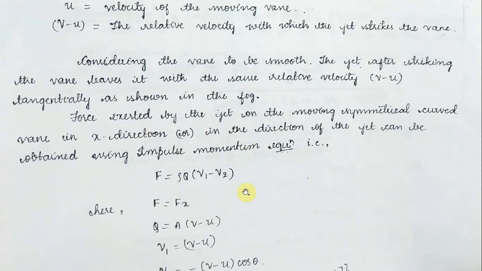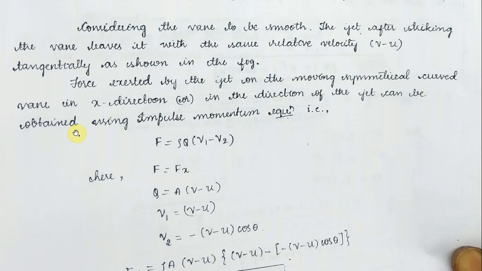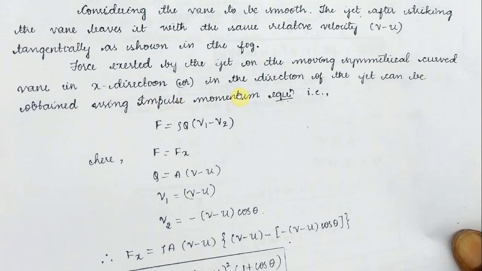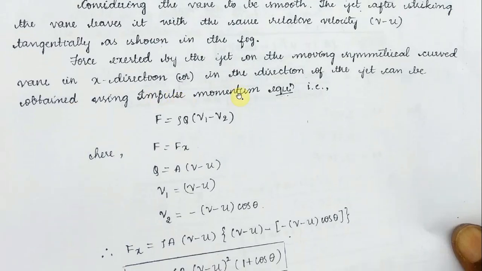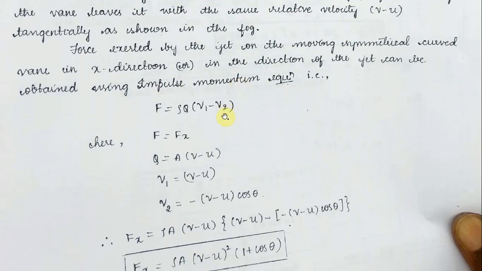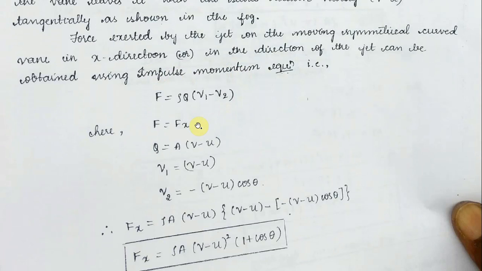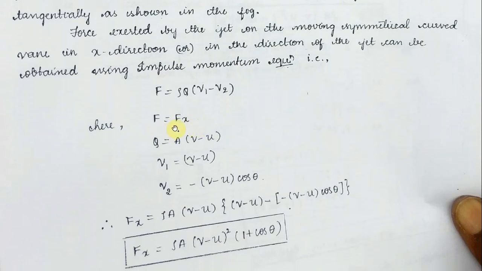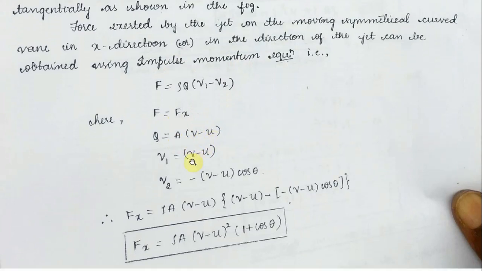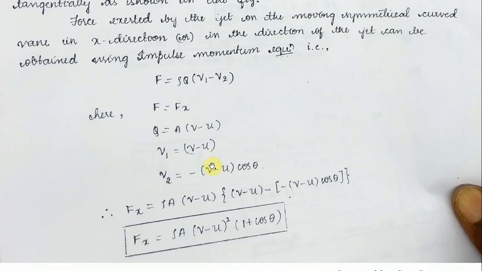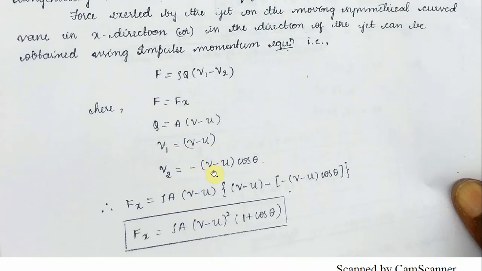Force exerted by the jet on the moving symmetrical curved vane in the x direction, or in the direction of the jet, can be obtained by using the impulse moment equation. As in the previous case, F is equal to rho into Q into V1 minus V2, where F is equal to Fx and Q is equal to A into V. Here the change is final minus initial, and V1 is equal to V minus U, and V2 is equal to minus of V minus U into cos theta, that is horizontal.